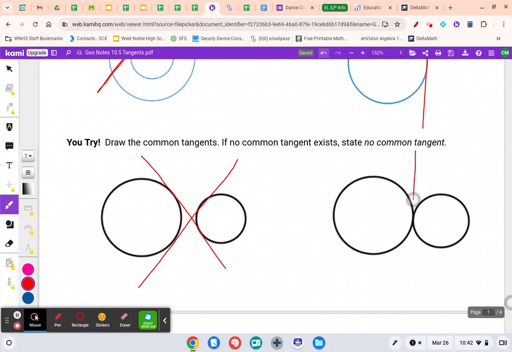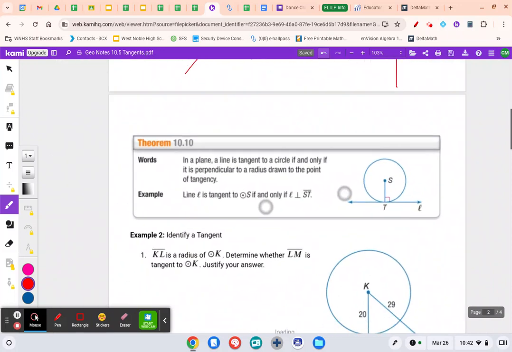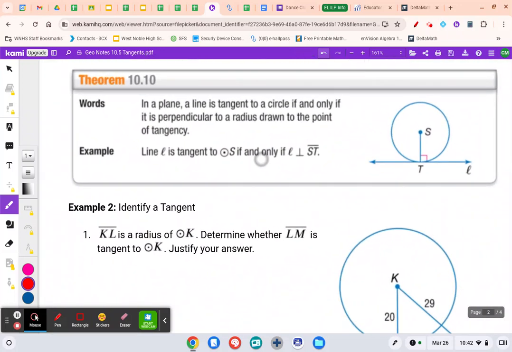You can either have your common tangent going through or beside. You only have to draw one, but these are all considered tangents. They're touching the circle at one point. And I know it's kind of weird that it has the same name as our trig stuff, but just think about it like a different thing, okay?